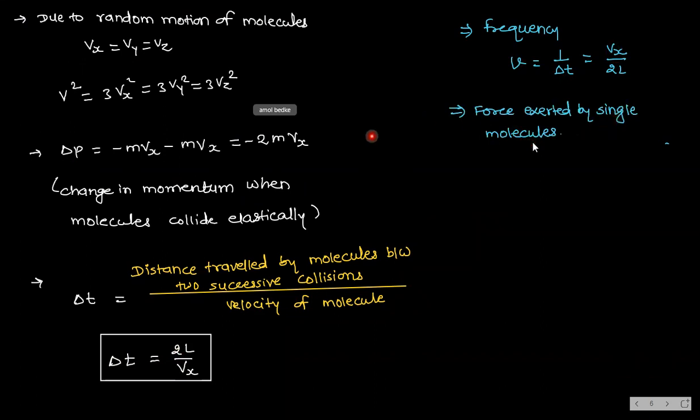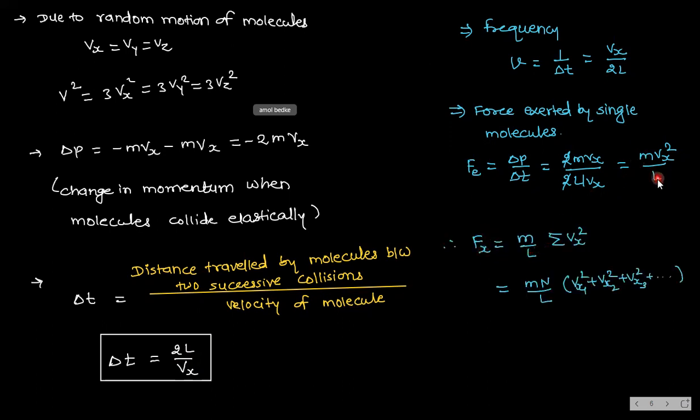Now the force exerted by a single molecule: from Newton's second law, F is equal to delta P by delta T. So delta P we already have, 2mVx, and delta T we just found. So 2mVx by 2L by Vx, the 2 will get cancelled, giving mVx square by L. This is the force. Now I am taking m by L outside, summation of Vx whole square. So for N molecules, m by L times Vx1 square plus Vx2 square plus Vx3 square and so on.